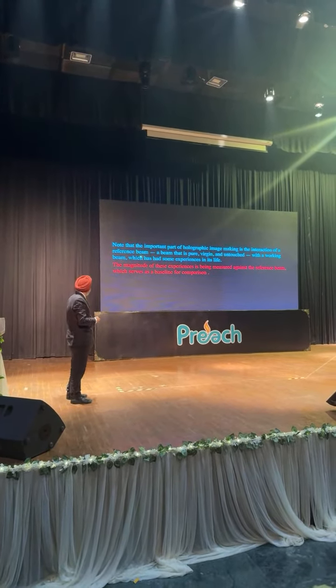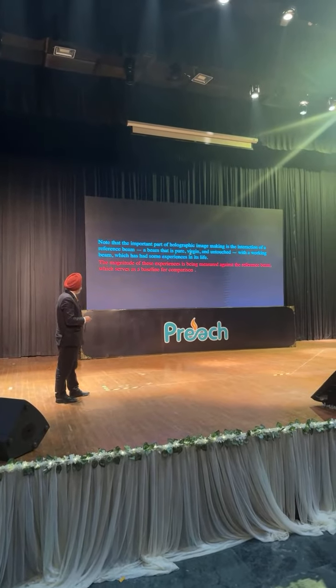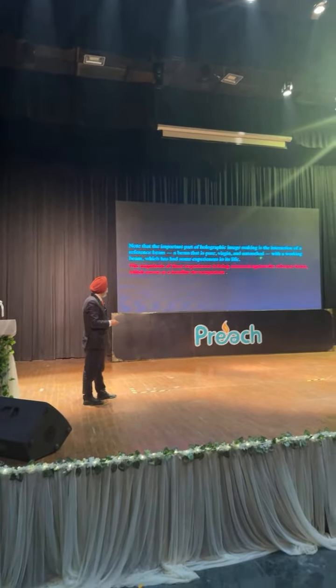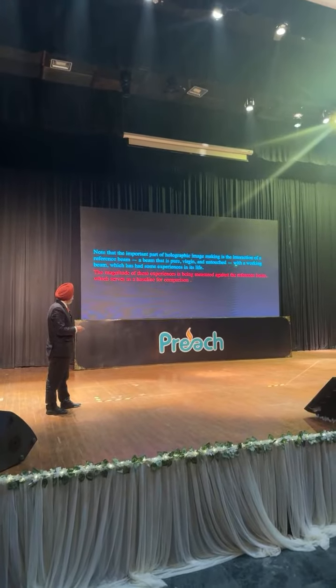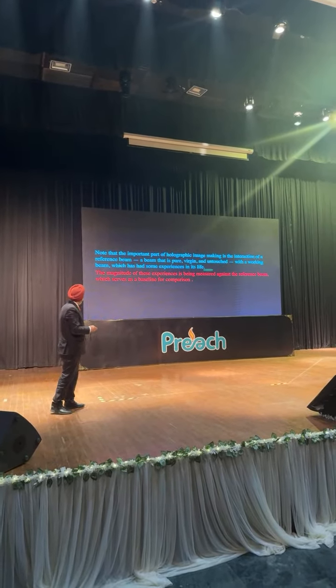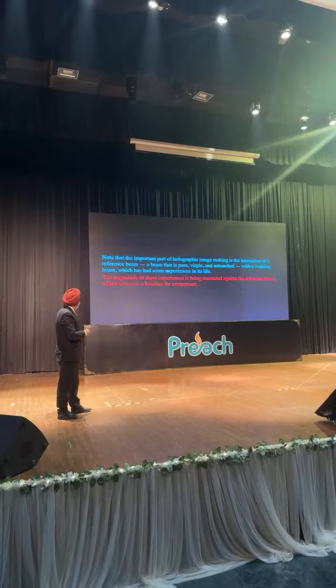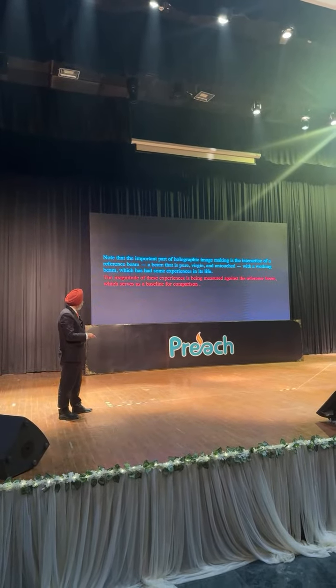Then what is next? A beam that is pure vision and untouched, the original source of us, with a working beam which has had some experience in its life. Right?